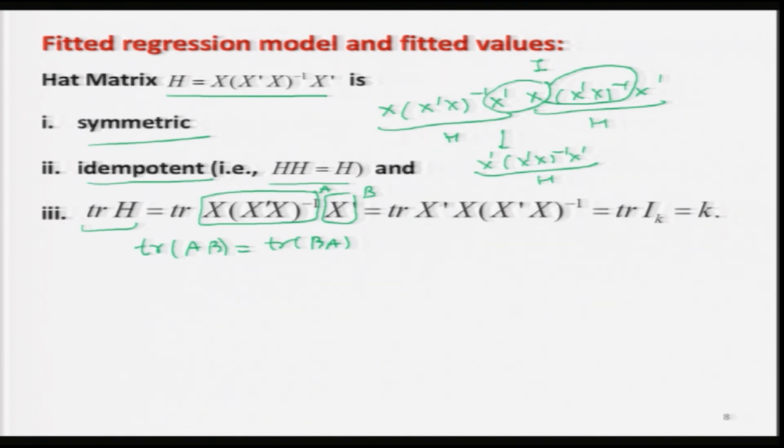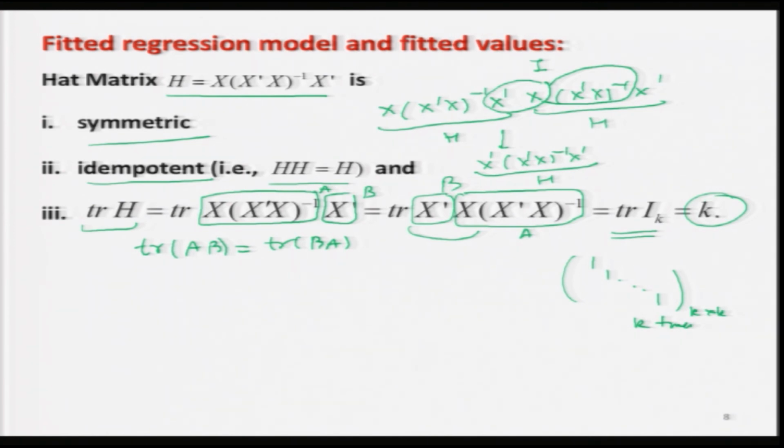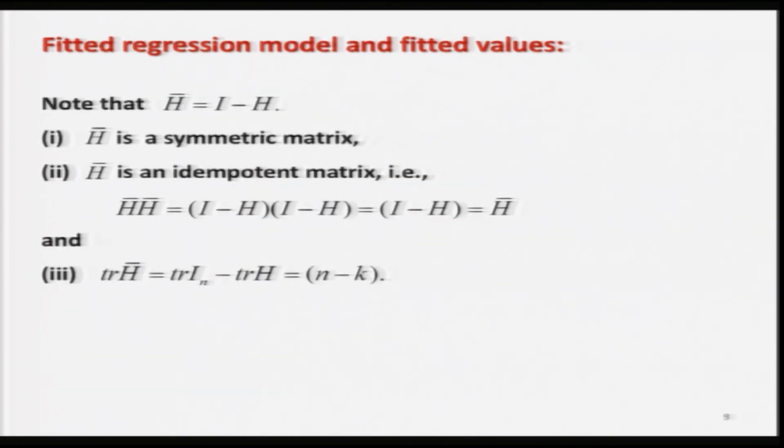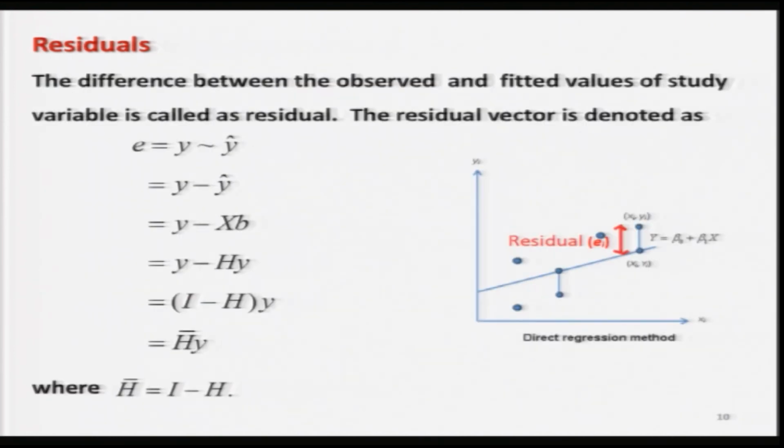You can see here this is B and this was A. Now this matrix here is X transpose X, so X transpose X into X transpose X whole inverse is the identity matrix of order k by k. So, we have the trace of I k, which is 1 plus 1 plus 1 up to k times, for a k by k matrix, which is k. These are very important results that we will be using, and you will also use them in further lectures.